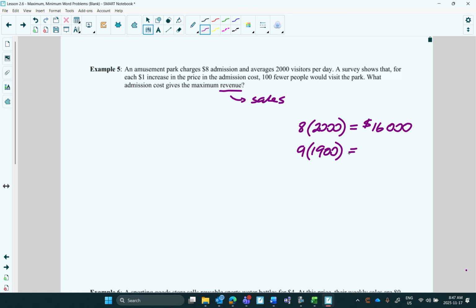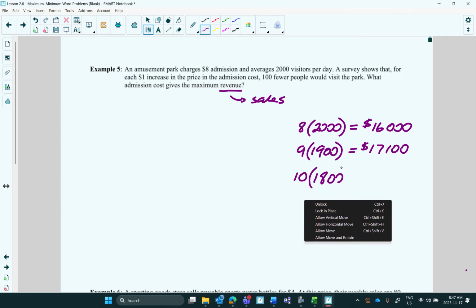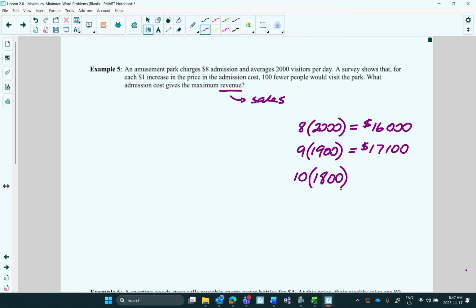Well, if that's a good plan, let's increase it another $1. They're going to lose another 100, but still they make $18,000 a day. They're still making more money. So it makes sense to charge $10. Does it make sense to charge even more? Who knows?